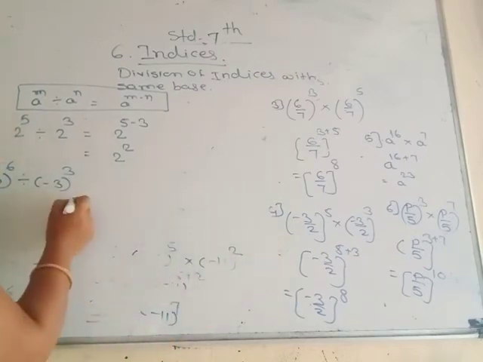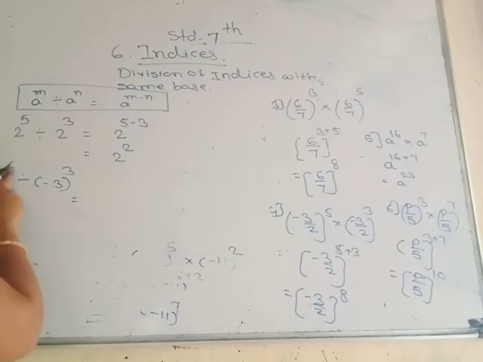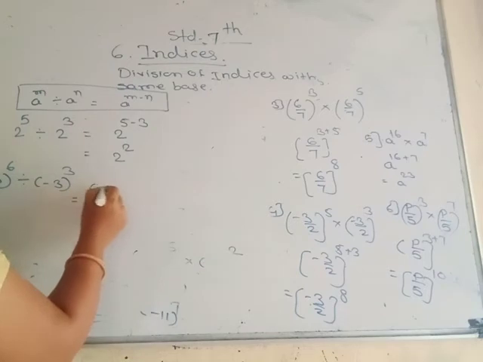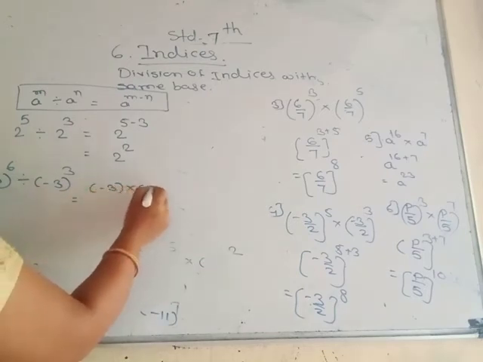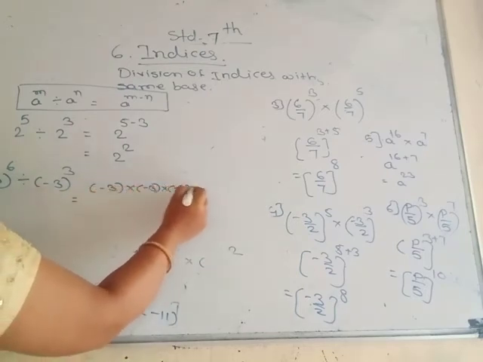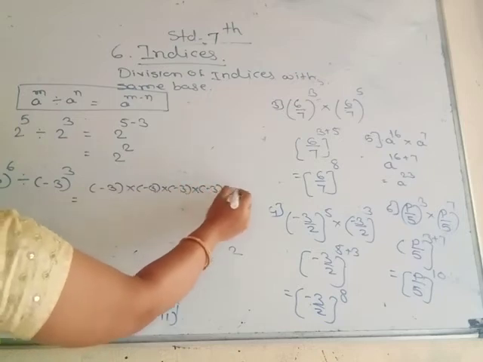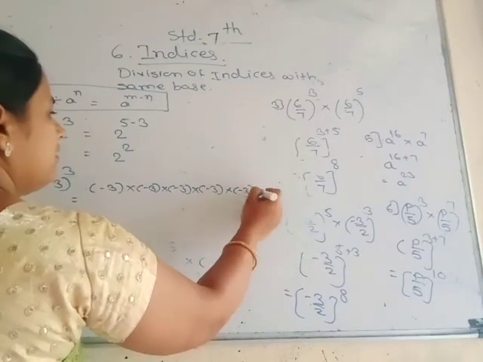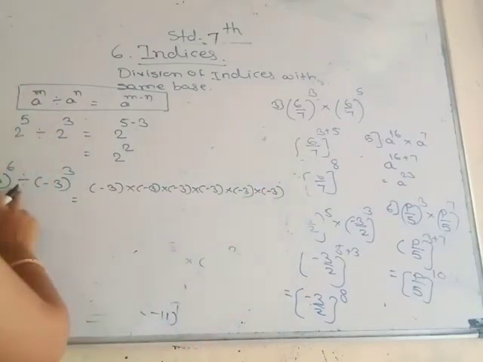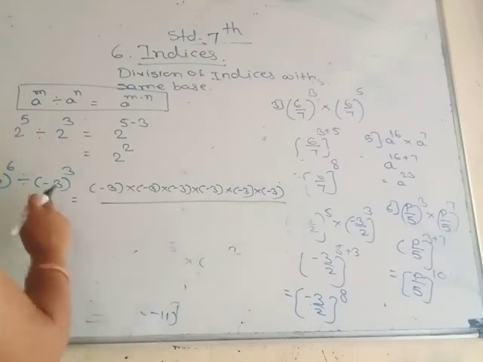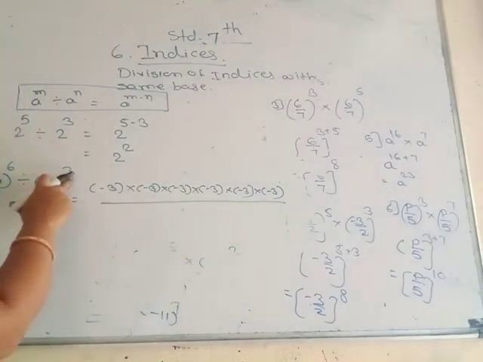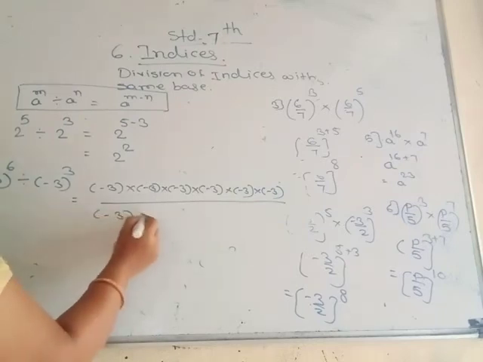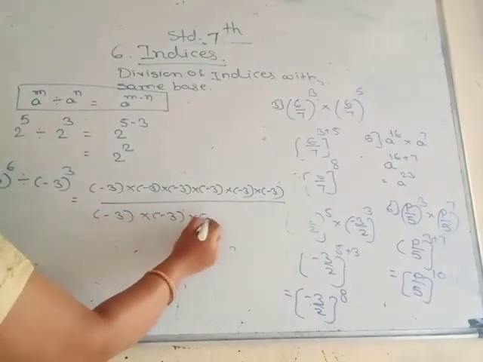See here, minus 3 raised to the power of 6 means you write minus 3, 6 times: minus 3 into minus 3 into minus 3 into minus 3 into minus 3 into minus 3. How many times? 4, 5 and 6. Then division means divided by minus 3 raised to the power of 3. Then minus 3, 3 times: minus 3 into minus 3 into minus 3.